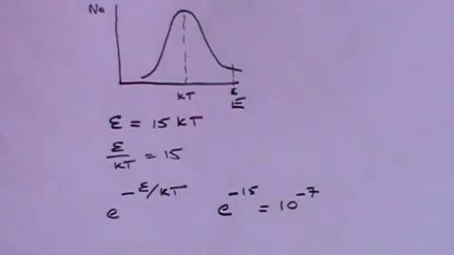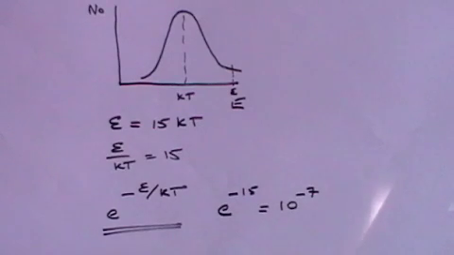And what that means is that if 1 in 10 to the 7 particles has enough energy to overcome what's called the activation energy, or the bond energy, to break the bonds, then that process will begin. There are, of course, millions of particles, millions of molecules, and consequently, if just some of them have enough energy, then those bonds can be broken. And the rate of the reaction is given by this formula here.